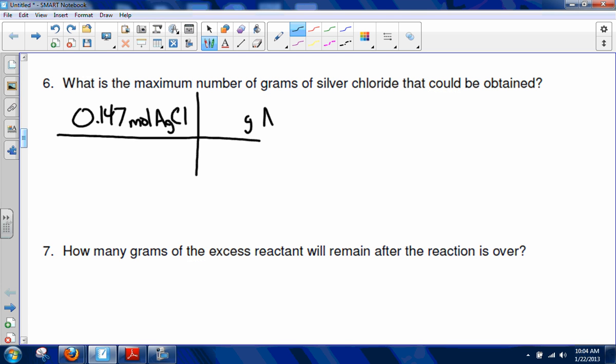Grams of silver chloride. And what unit goes with grams? What's the molar mass of AgCl that we already calculated?